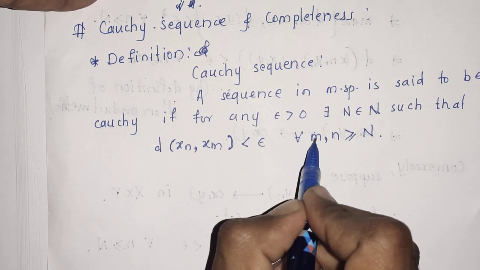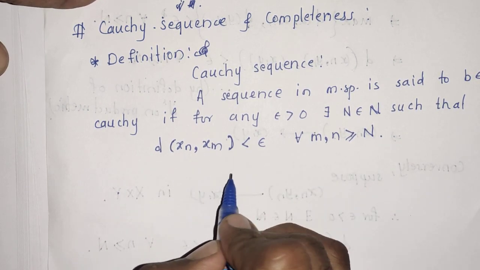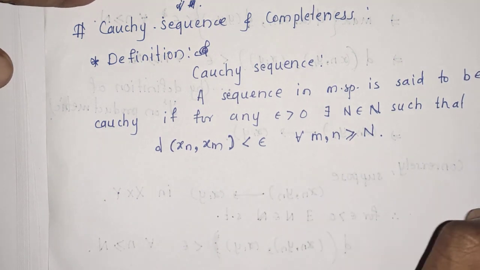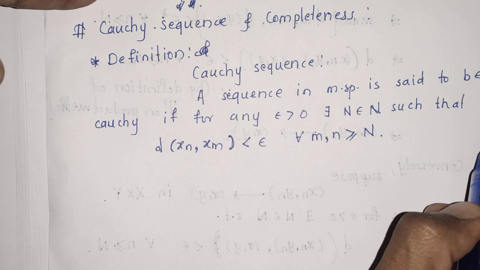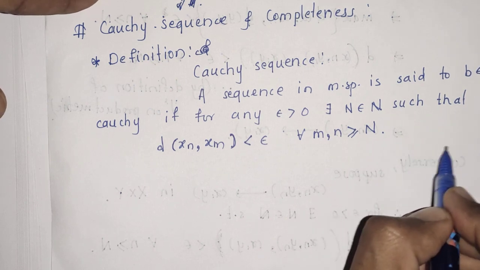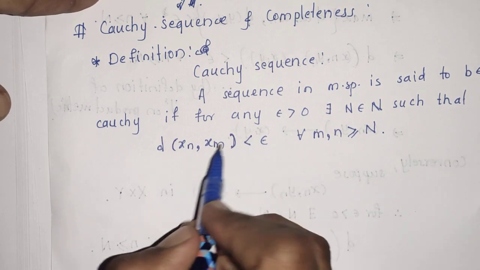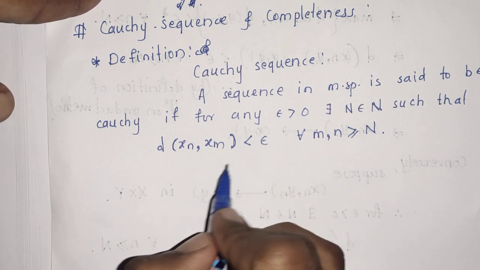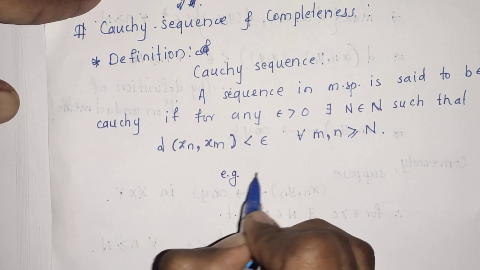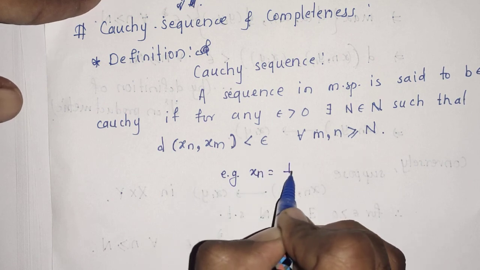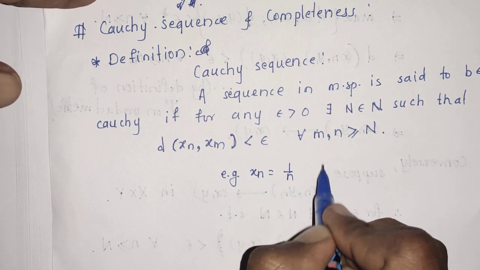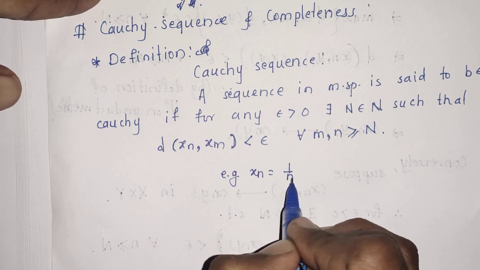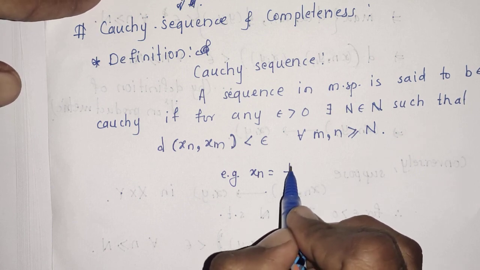So if our sequence is x1, x2, x3, x4 up to, suppose, x100, x1000 and so on, then for larger indices, say x1000 and x1001, the distance between these two terms is very small. For example, if we take xn equal to 1 upon n, then for larger values of n, the terms are very close to 0, so the distance between them is very small.